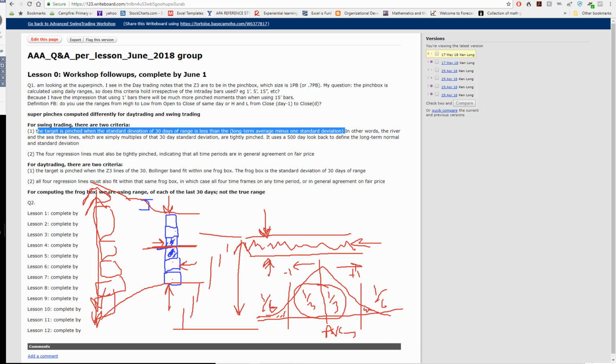So for this to be tightly compressed, what we're going to say is that we're going to find the ones that are in the 1/6 most compressed boxes. And now instead of the last 30 days, which is how we actually compute this standard deviation, we're going to go back and look at 500 days. So in those last 500 days, we find the maximum percentage of these little boxes.